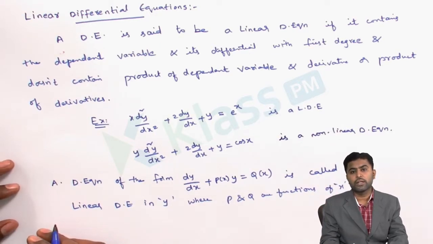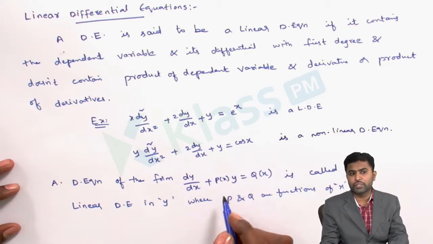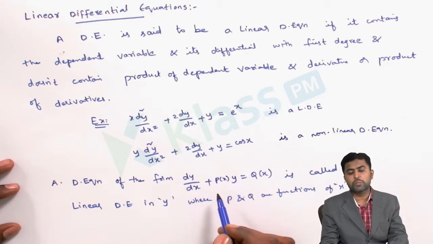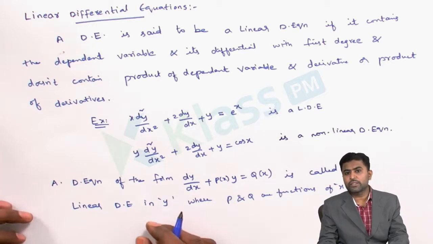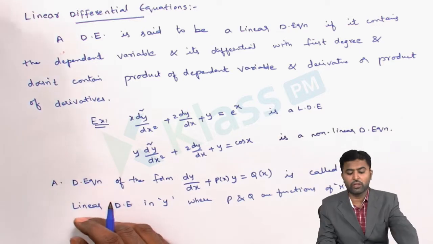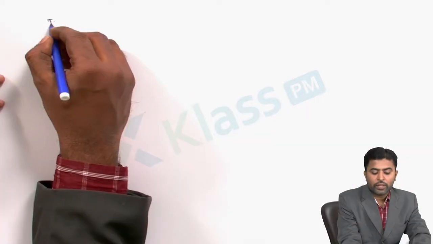So this particular differential equation dy by dx plus p of x into y equal to q of x is called linear differential equation in y. So how to write its solution?